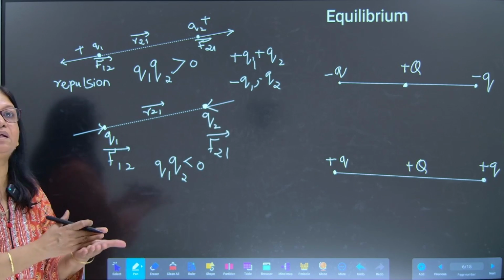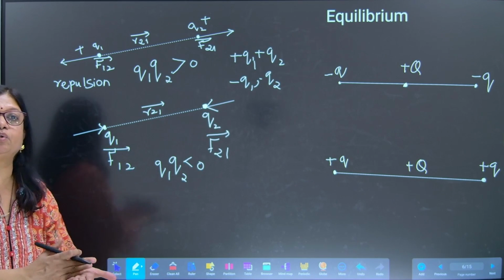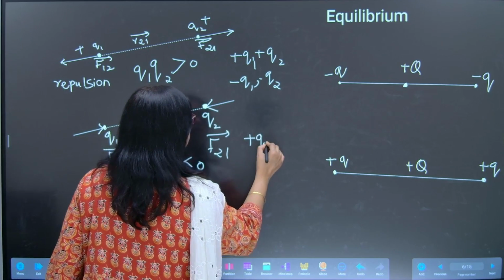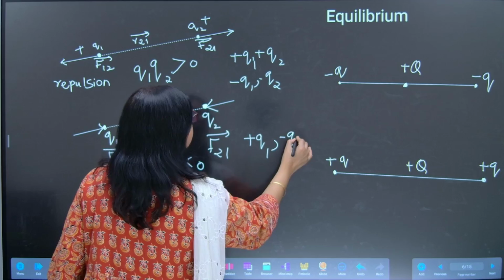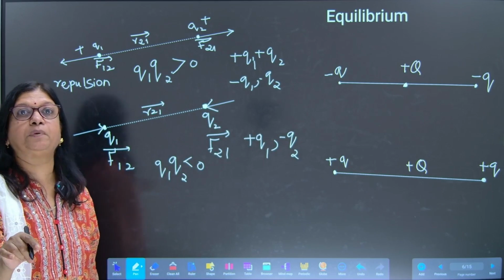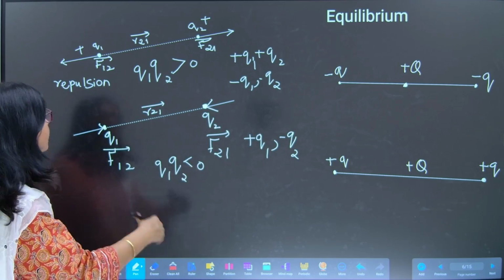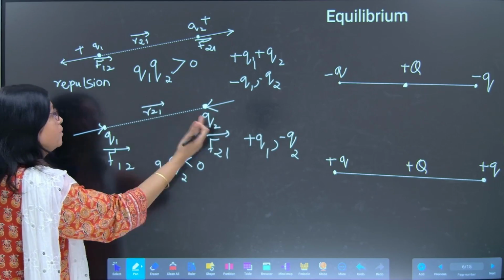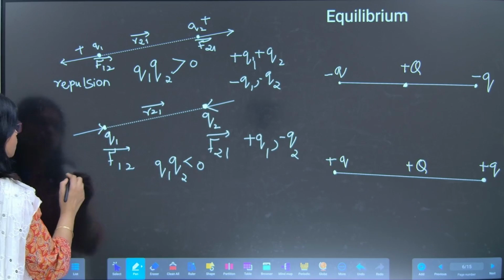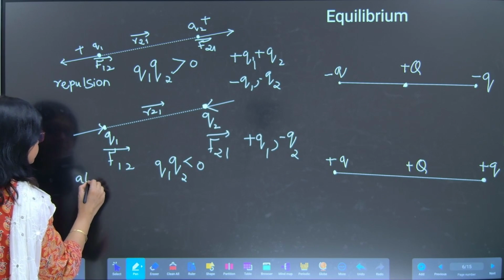It means the multiplication of Q1 and Q2 is negative. It only means that one of the charges is positive and another charge is definitely negative. Only then their multiplication can be negative and their answer can be less than 0. It automatically means that these two charges Q1 and Q2 are attractive.